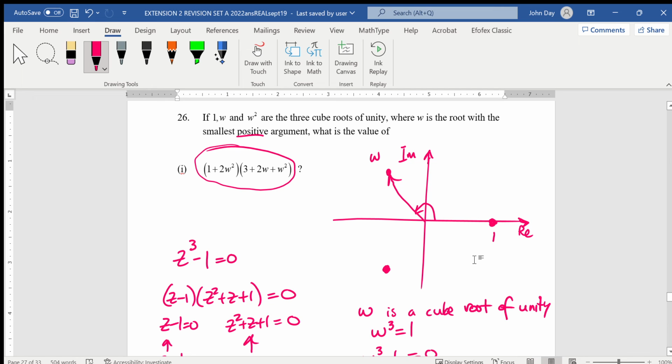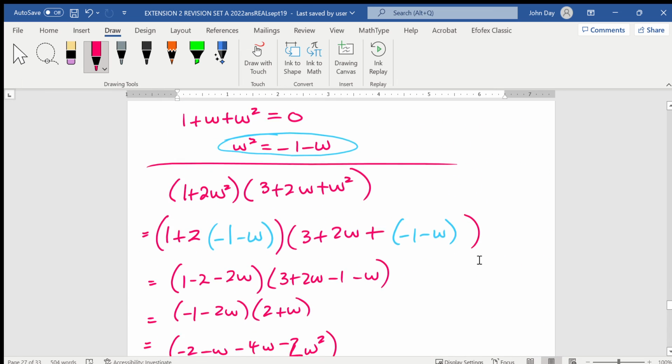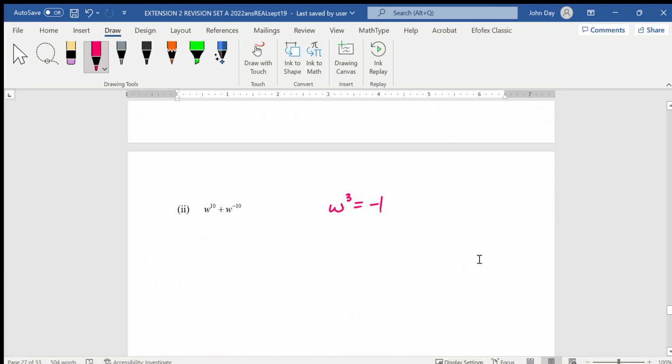So 1 cubed is 1, w cubed is 1, and w squared cubed is 1. Right? They've told us that. We know those things, as well as 1 cubed is 1, which is obvious.